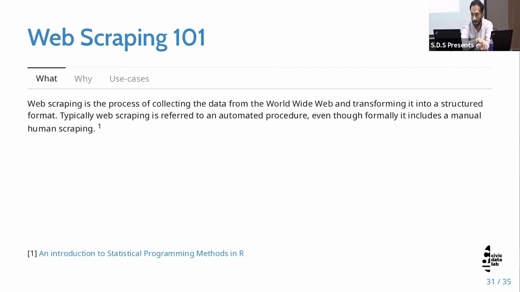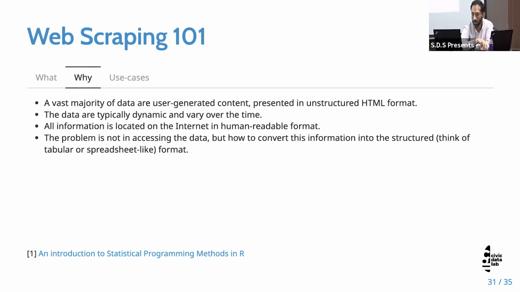So let's see, first why it is needed, because a lot of information is there on the web which is not available as CSV files or as PDF files. So that is why you need to scrape data from the web. A good point is all information is in a human readable format, because the internet is made for humans, at least till now it is.